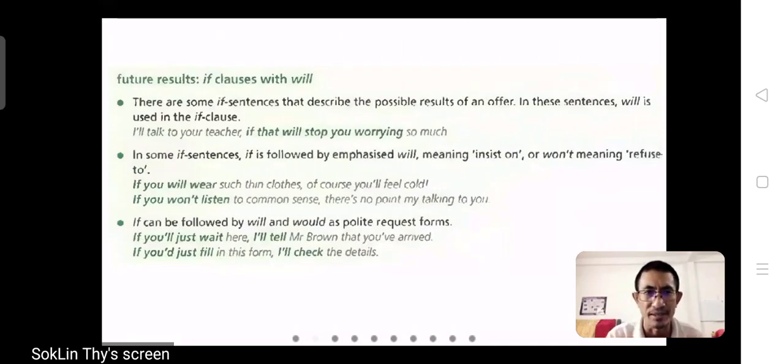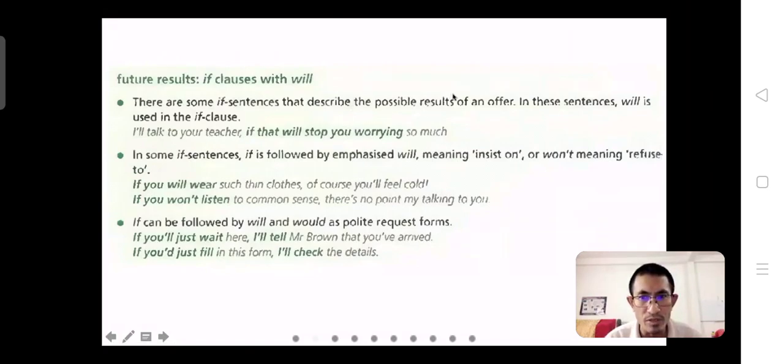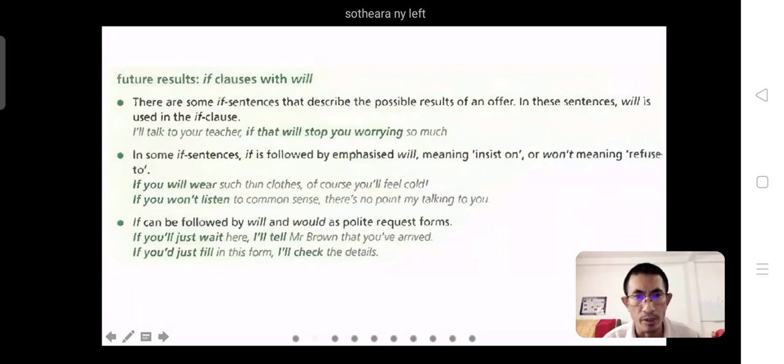This is the first meaning: you can use will in an if clause to describe a possible result of an offer. Look at will here: I'll talk to your teacher if that will stop you worrying so much. This is the first point.